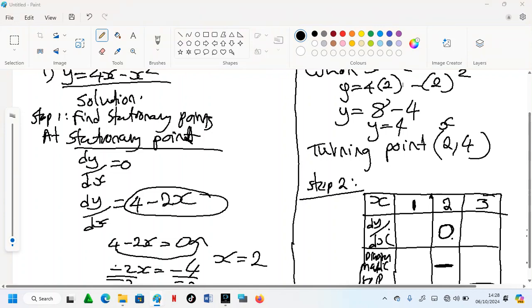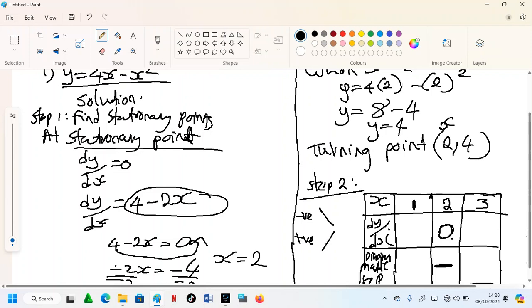We put 1 and 3 in dy/dx and check whether the sign is negative or positive, because we know that when the gradient is negative, it looks like this. When the gradient is positive, it looks like that.